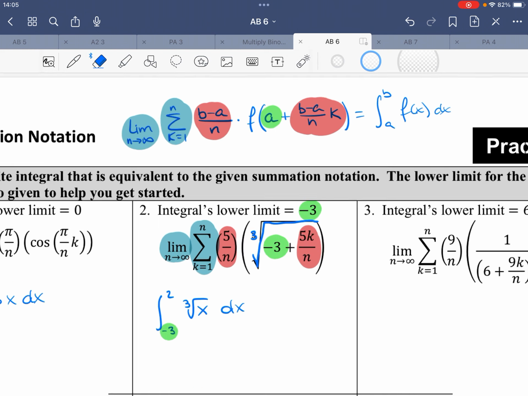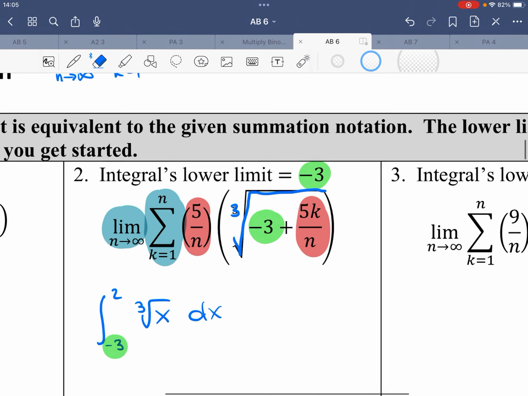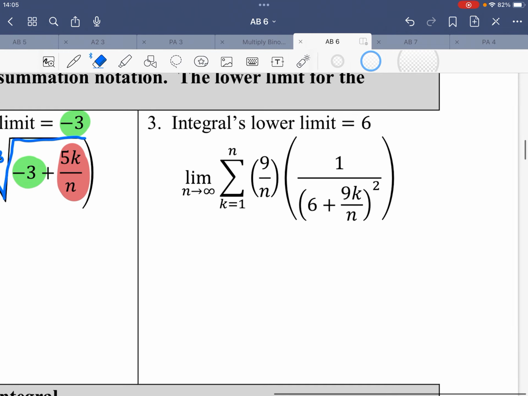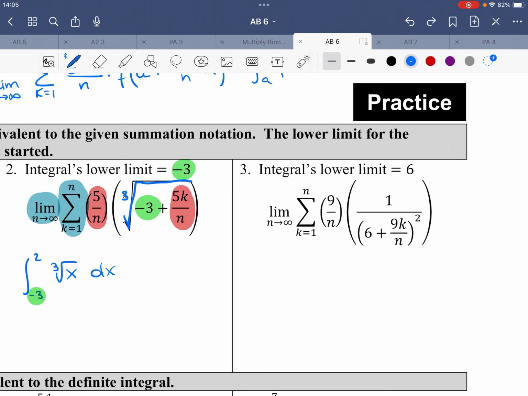Again, let me see if I can clean this up a little bit so I can keep making these explanations. And maybe you need less of that as we keep going. Okay, so here, again, these two things are always going to be accounted for. So this is b minus a, so the integral from the lower limit to 9 more, so 6 to 15.